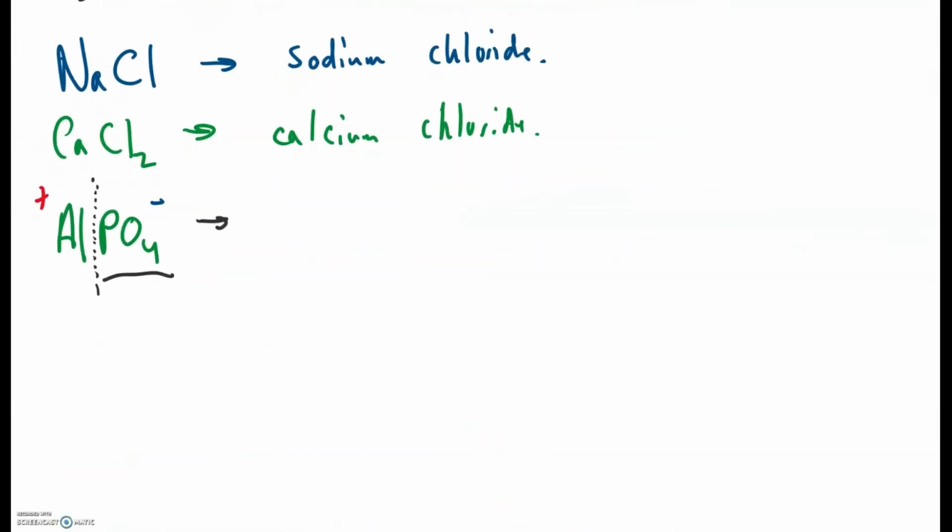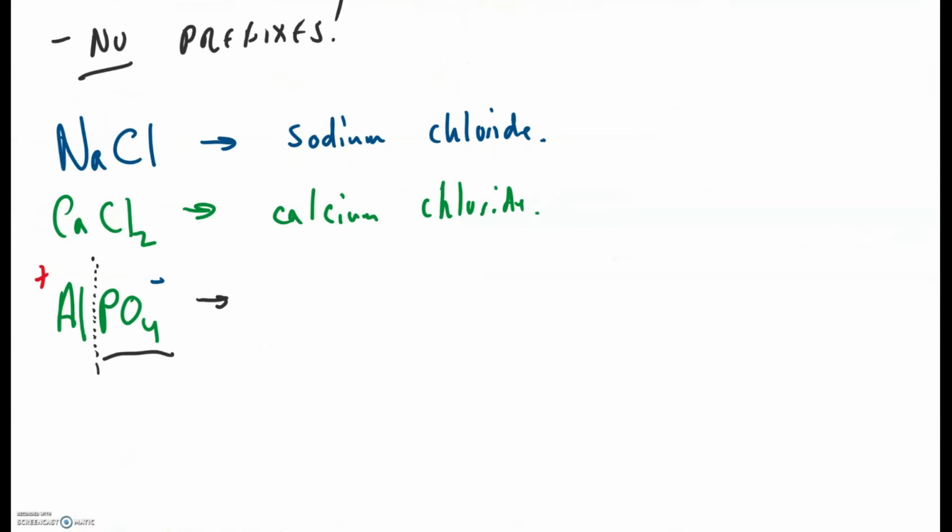So if we're trying to write the name of this compound, there are no prefixes involved. It's simply aluminum phosphate. And that's as difficult as it gets as far as naming.